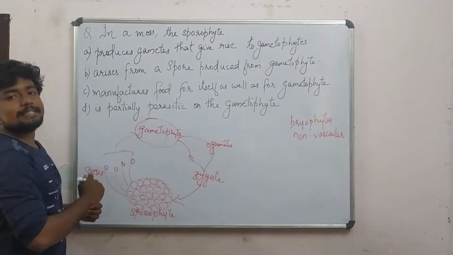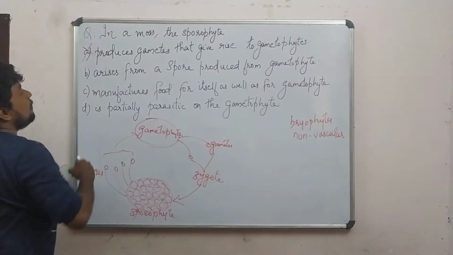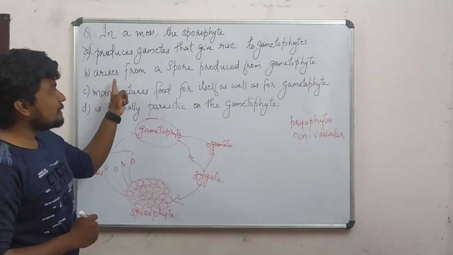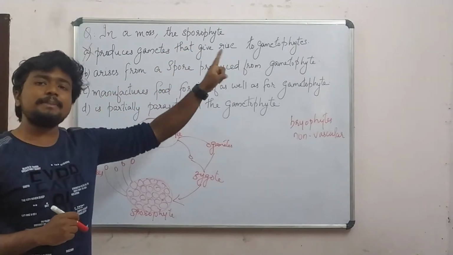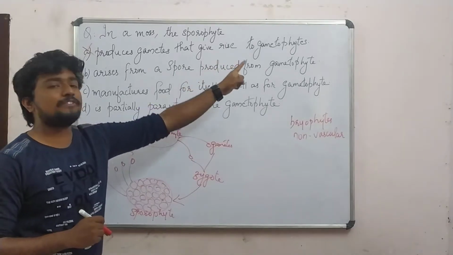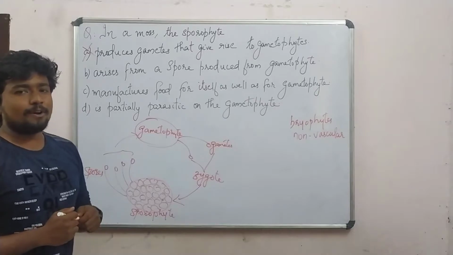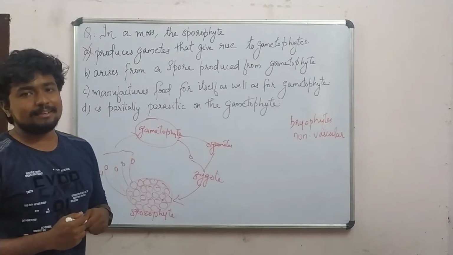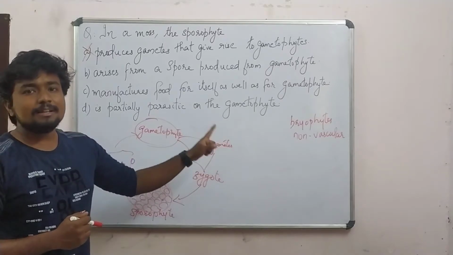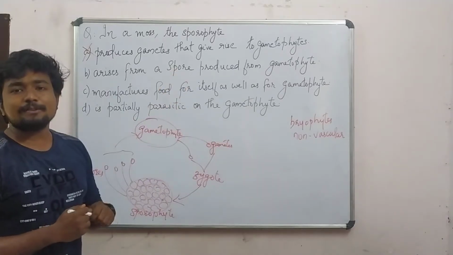So this option is wrong, and we can simply cut it down. The next option is that the sporophyte arises from a spore produced from the gametophyte. It is also wrong, right? Just because the gametophyte is producing gametes and not spores. So the second option is also wrong.